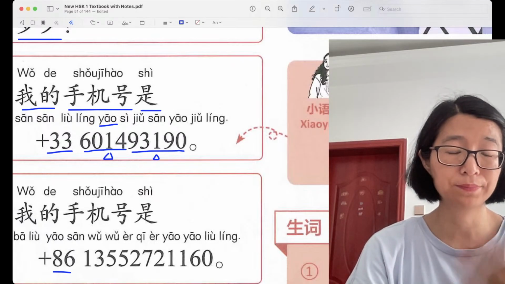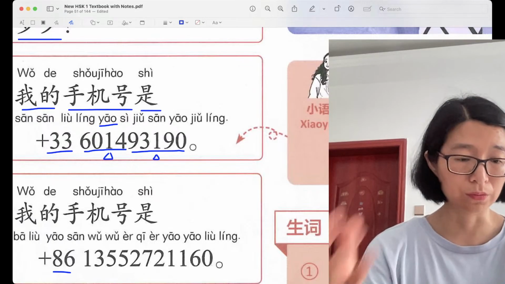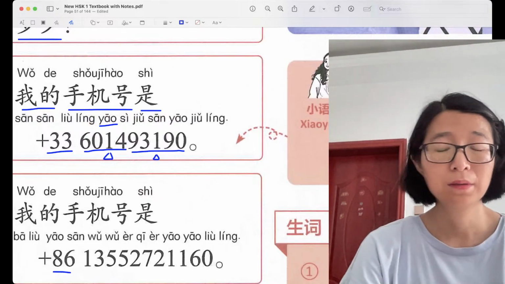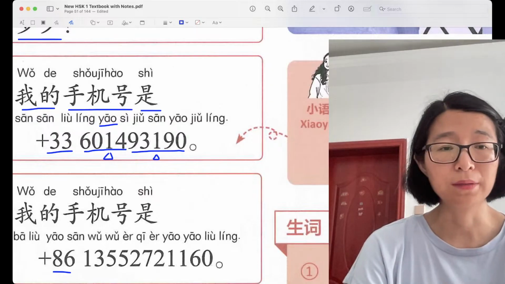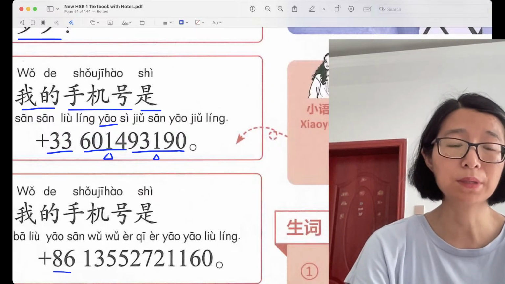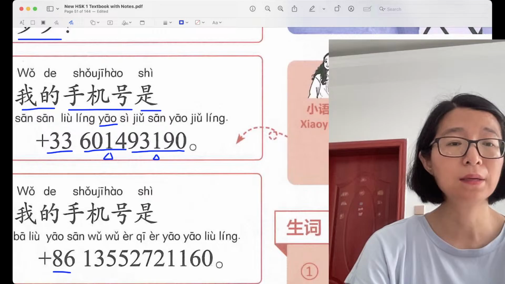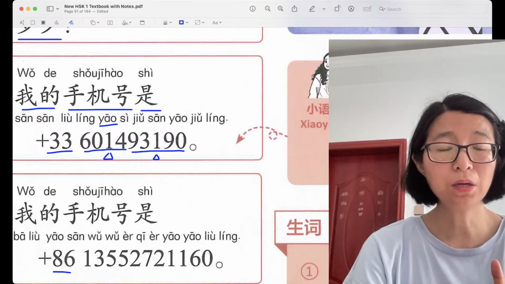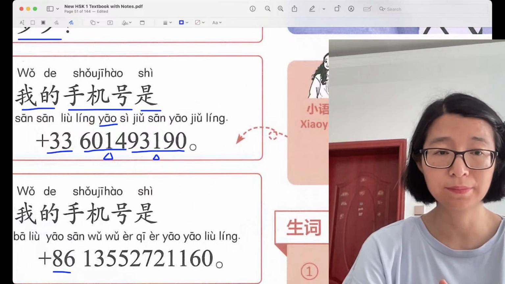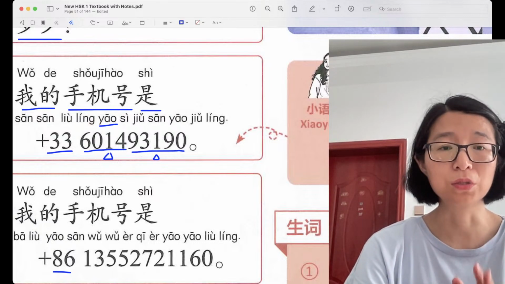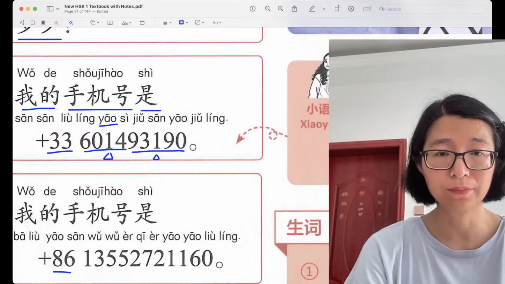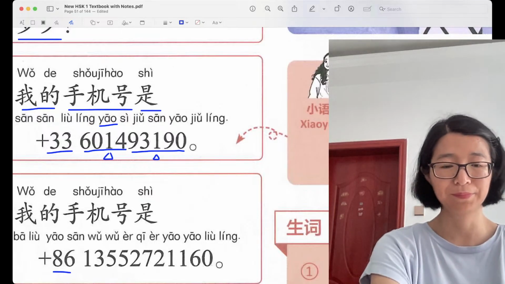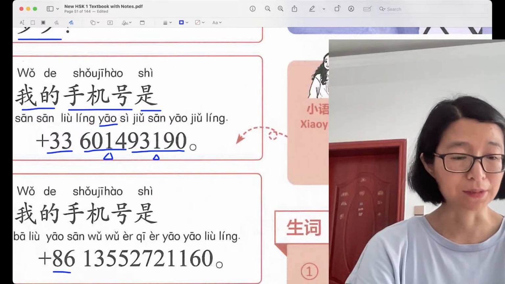It's easier for me to memorize, to write down. Yeah, that is my way. Anyway, you can choose your way. So how do I read this number? I will say 33, pause, 6014, pause, 93190. Good. Yeah, I just read a number.